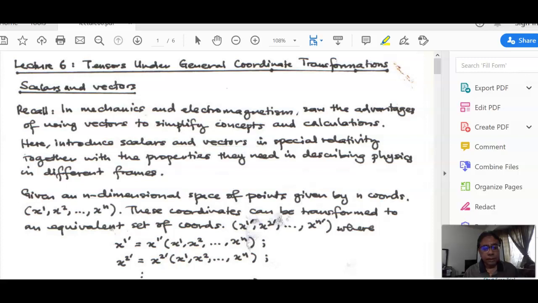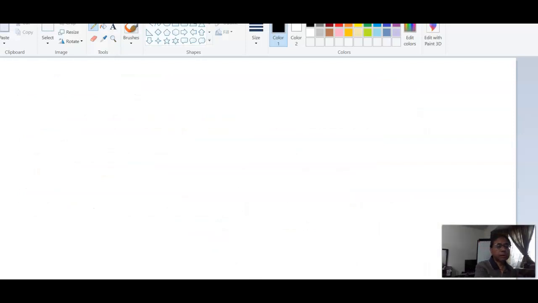Scalars are pretty simple to describe, but vectors one can actually look at in two different ways. One can think of a vector as a directed line segment.